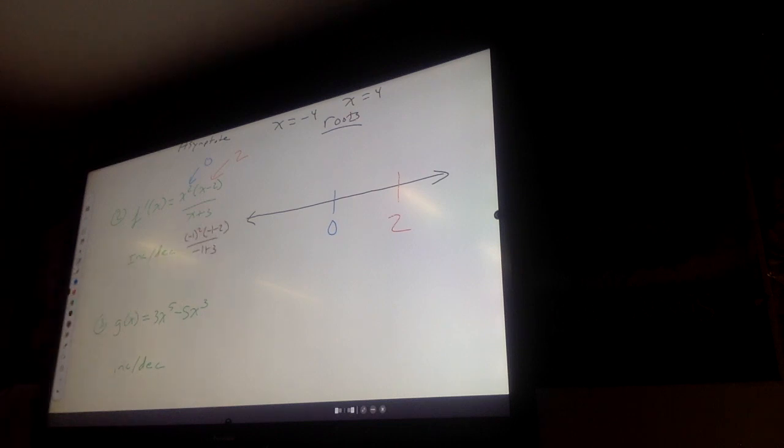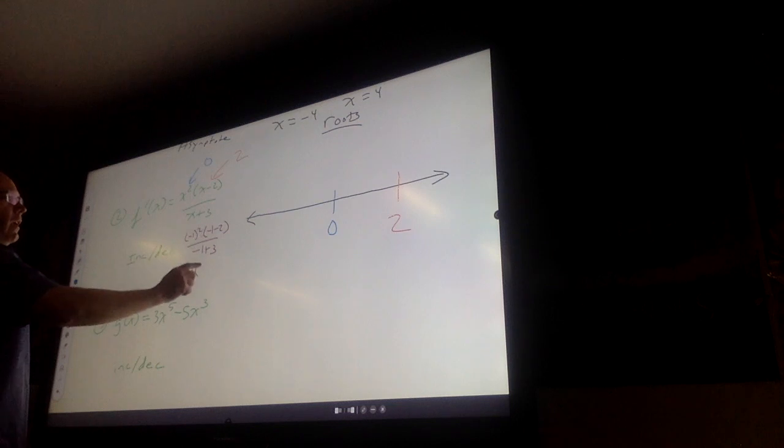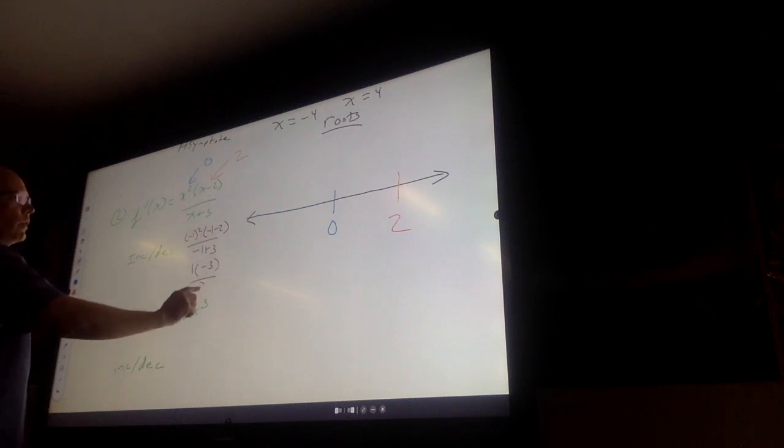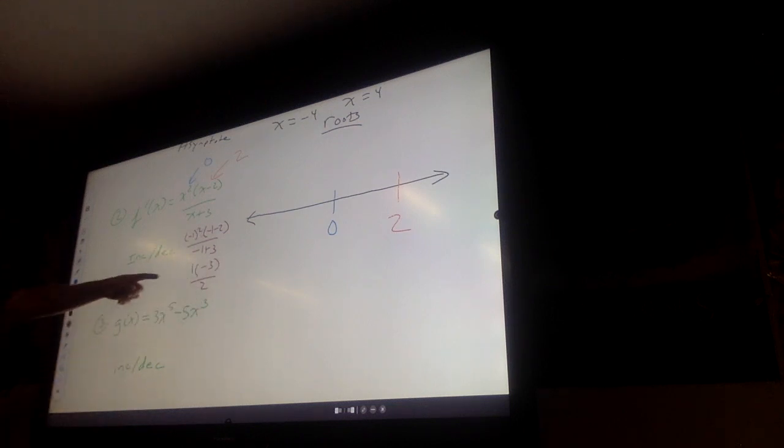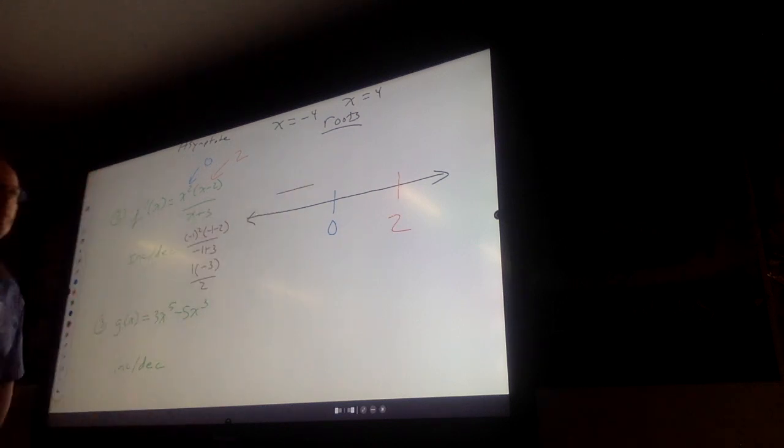Do you agree that's the right math? So -1 quantity squared is going to give me 1. -3 over 2. So is this answer going to be positive or negative? Negative. So over here is negative.